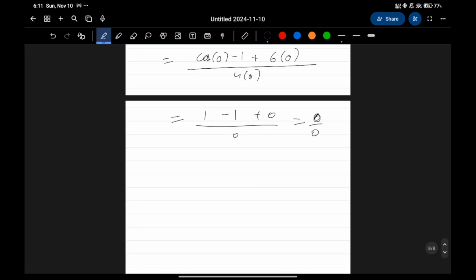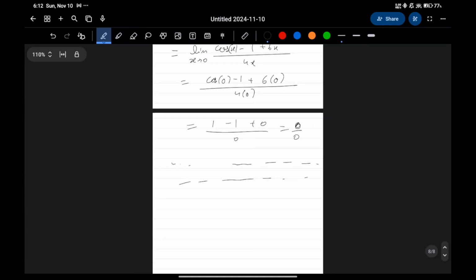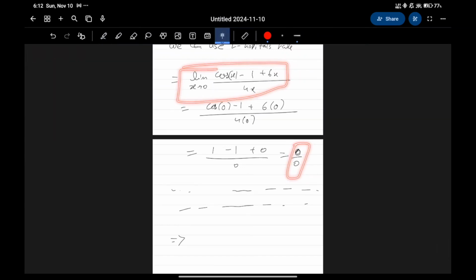You can write the thing again: because this is in the 0 over 0 form, we can use L'Hopital's rule. This just makes the exam very presentable, and your examiner would appreciate it. We will keep doing it until we have a decisive, conclusive answer.